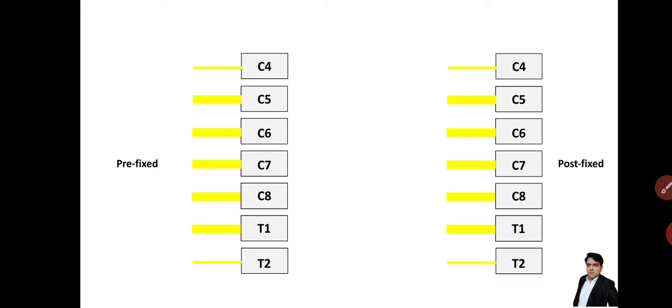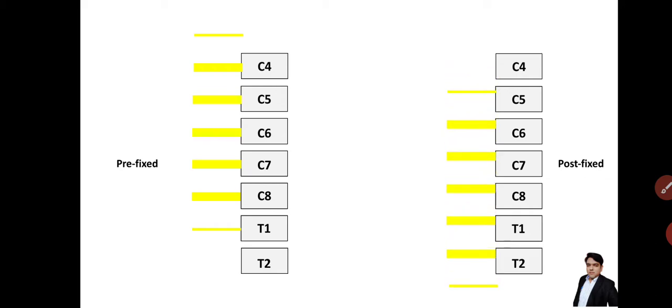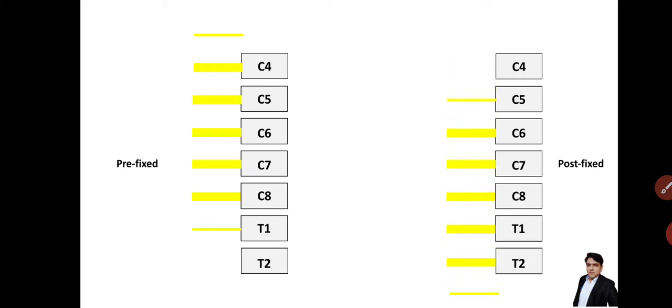So first one is prefixed and second one is postfixed. Just see how the shifting takes place. In prefixed there is upward shifting of brachial plexus like this, and in postfixed there is downward shifting of brachial plexus like this. So in prefixed condition C4 is large, T2 is absent, while in postfixed condition T2 is large and C4 is absent.